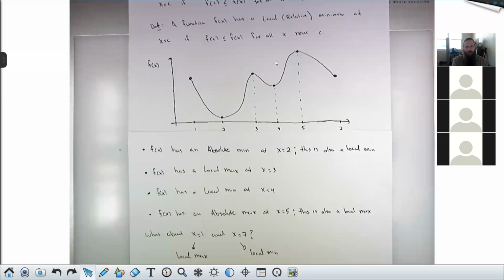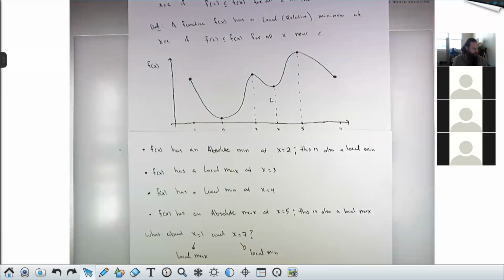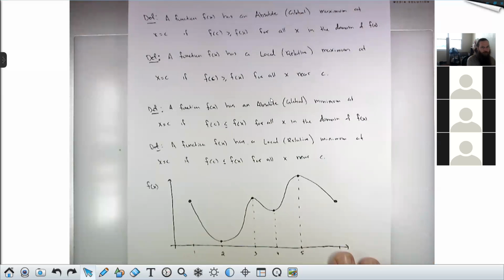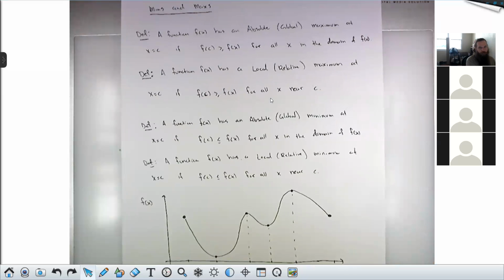And then the highest point on the graph anywhere is the global or absolute max, and the lowest point on the graph anywhere is a global or absolute min. But you do have to be on the lookout for weird things like this. So making sure that you know and are comfortable with these definitions is important.